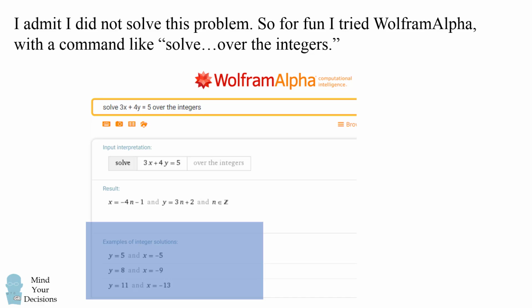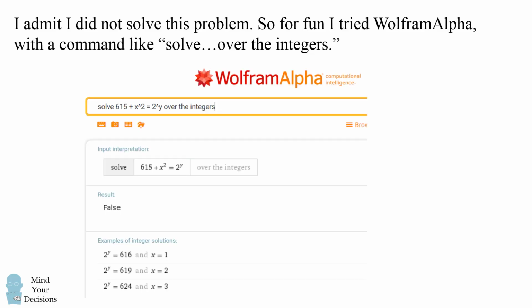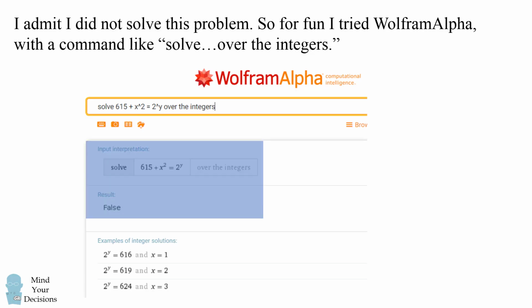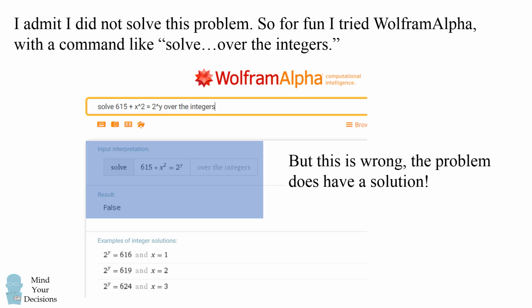So I thought, since I'm not able to solve this problem, maybe I can get the result from WolframAlpha. So I typed it in, and to my great surprise, it said the result is false. The examples of integer solutions it gave were not actual solutions to this equation over the integers. So this is wrong. The problem actually does have a solution.